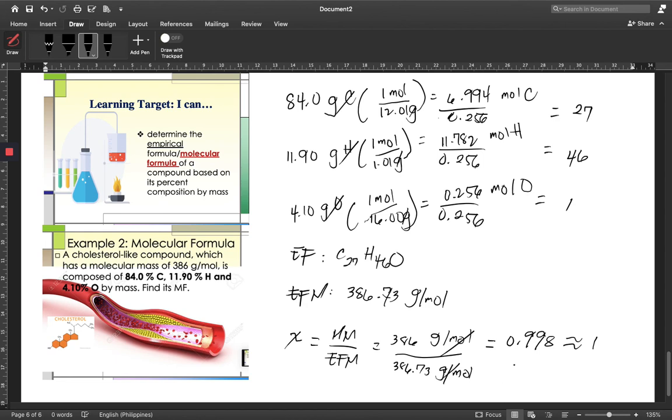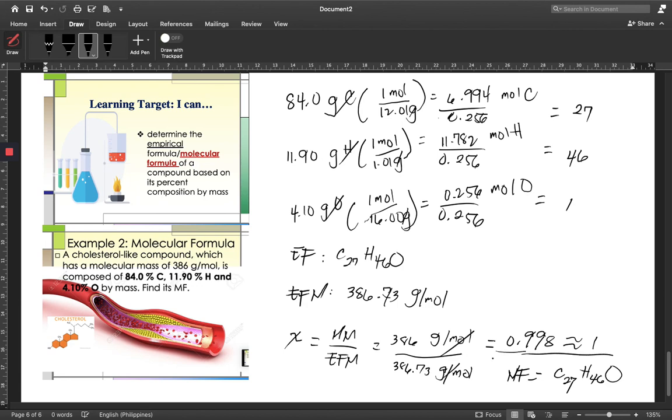And therefore our molecular formula happens to be the same as our empirical formula. So that's C27H46O.